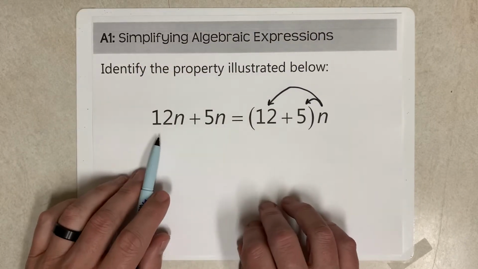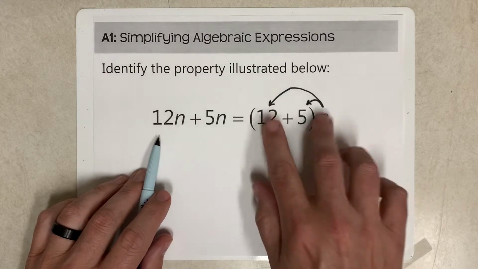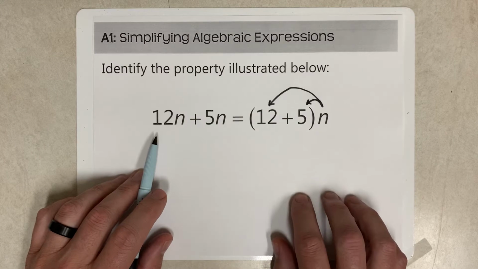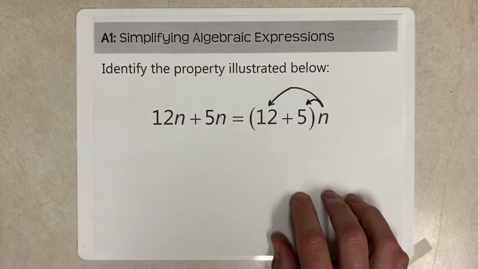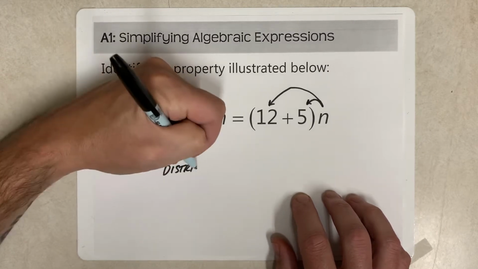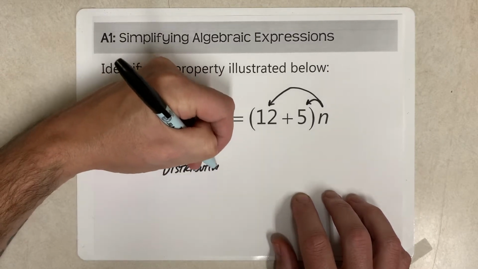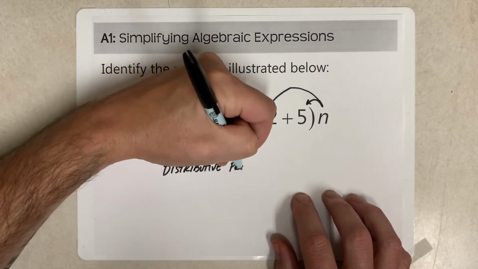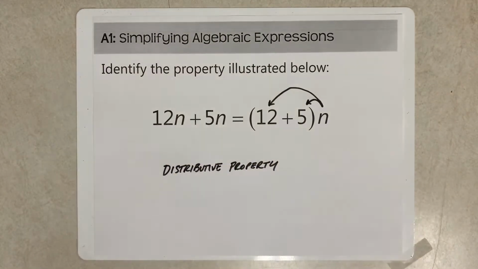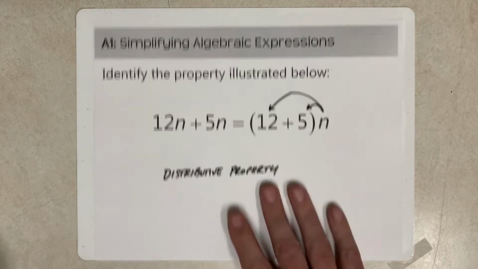This is to illustrate that this can happen on either side of this equation for the distributive property to work. And so this time it's the same thing, the distributive property.